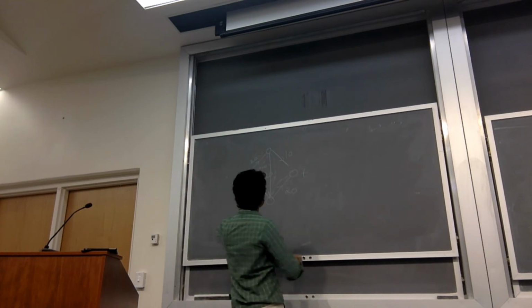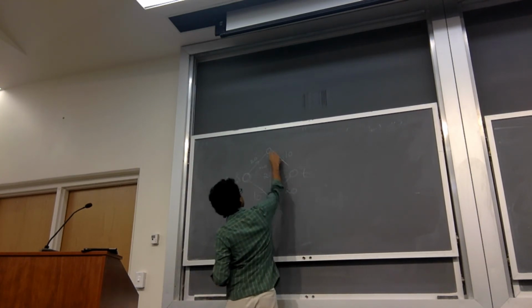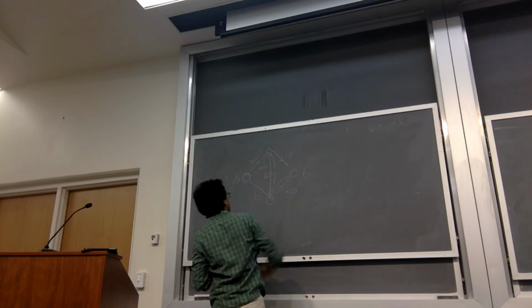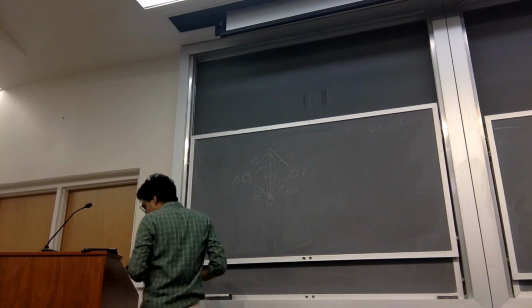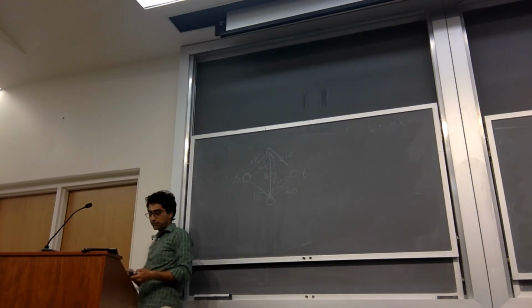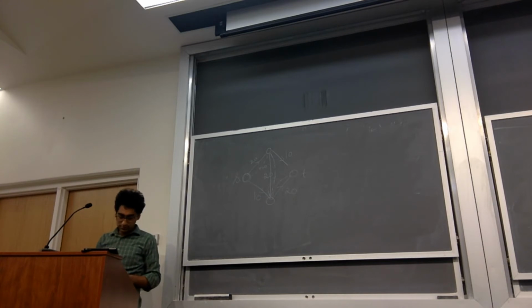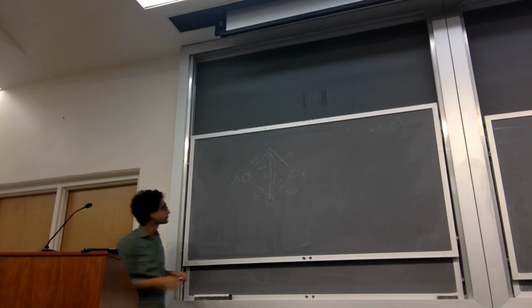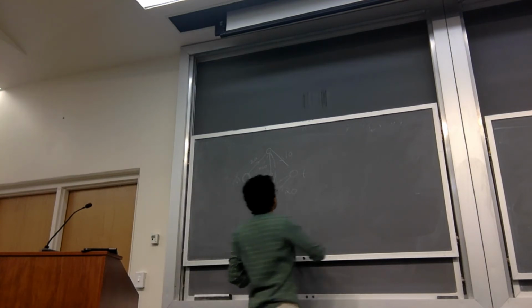All right. So this is the graph, and this dotted thing is my flow.